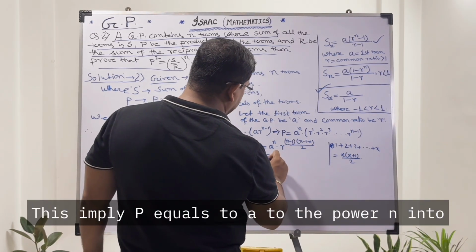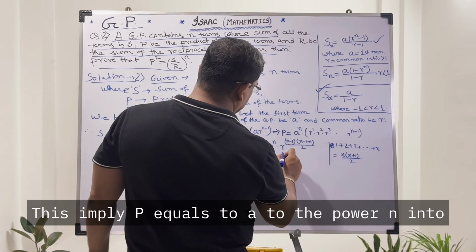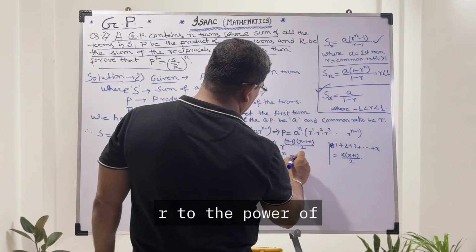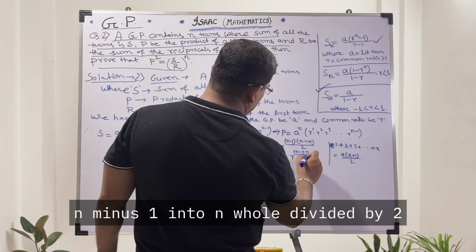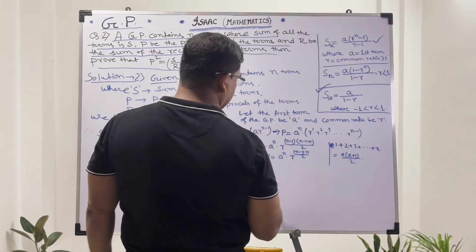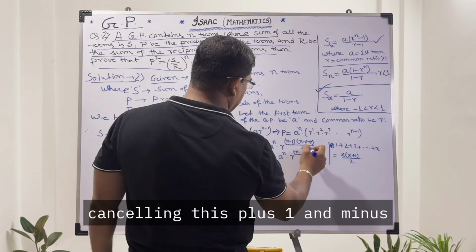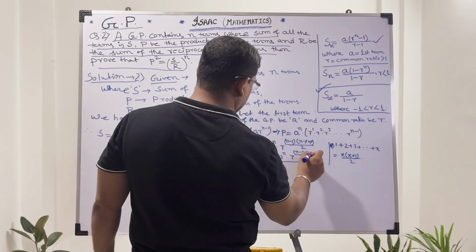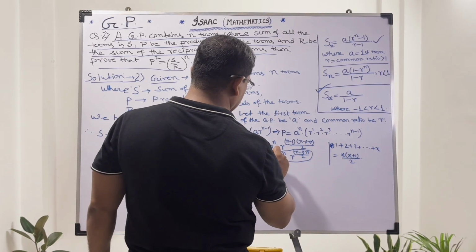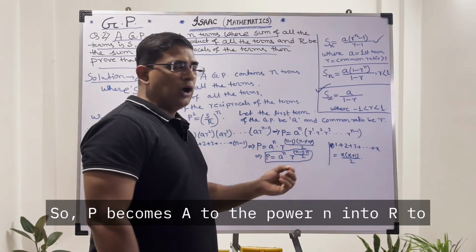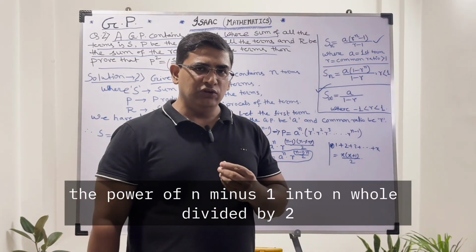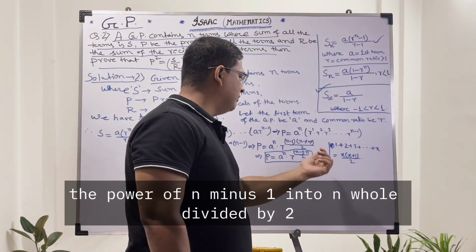Cancelling this plus 1 and minus 1, P becomes a to the power n into r to the power of (n minus 1) into n whole divided by 2.